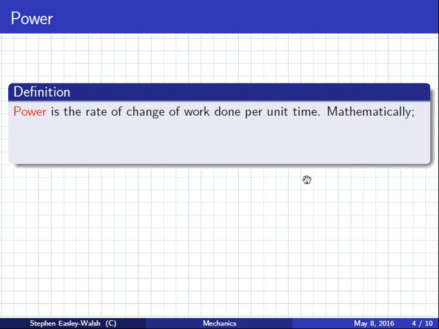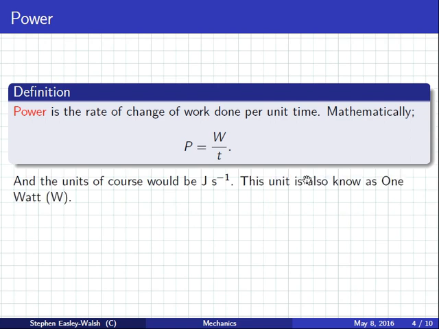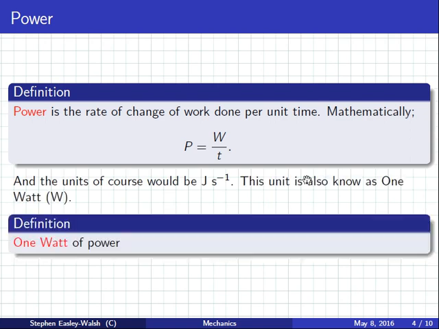As a formula, it'd be work over time. And what would the unit be from this form? Watts, or joules per second. The unit is joules per second, but we also call this 1 watt. So the other definition you need for this slide is that 1 watt of power is 1 joule of work done in 1 second.